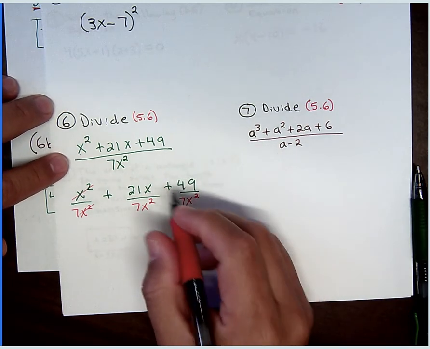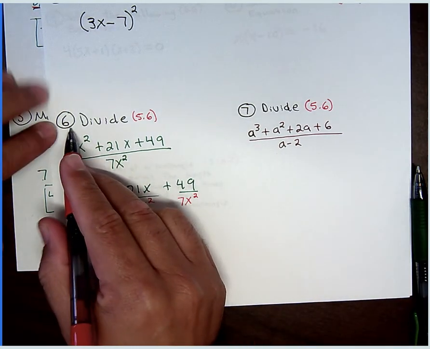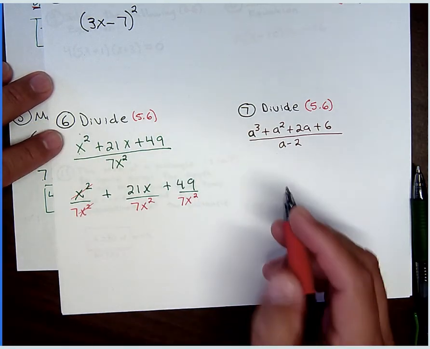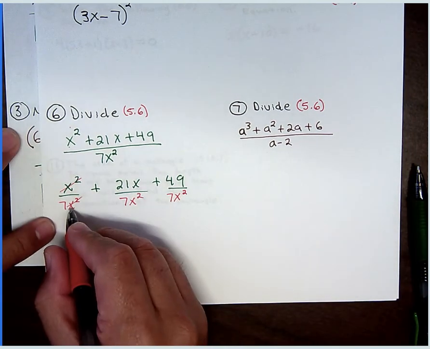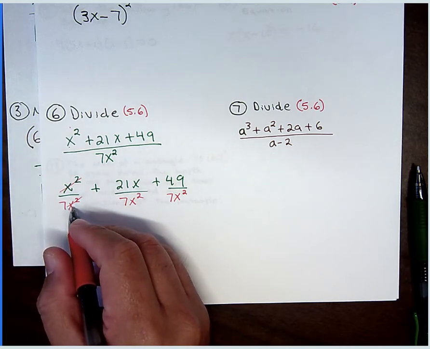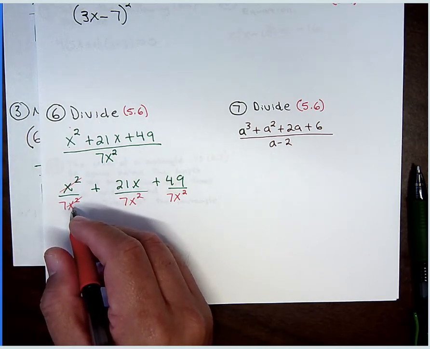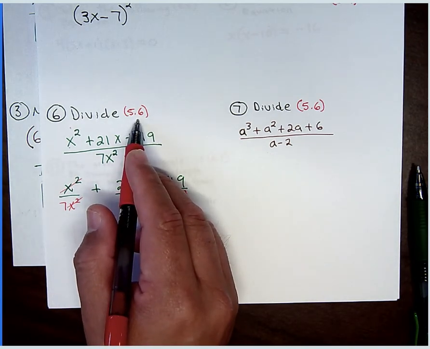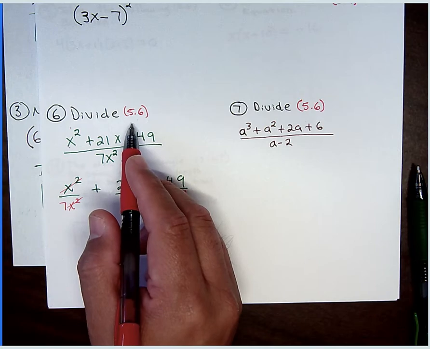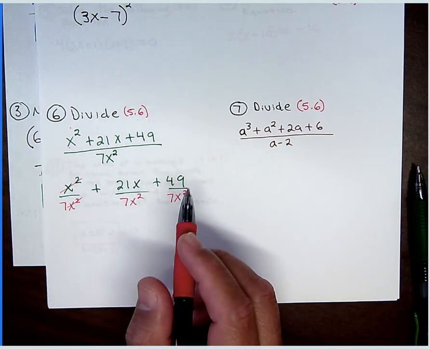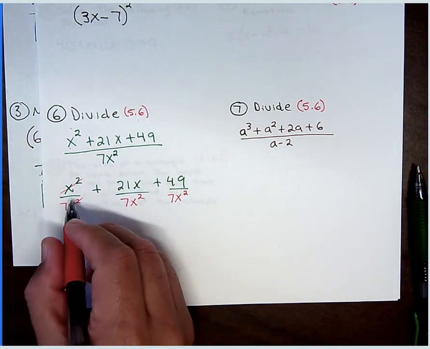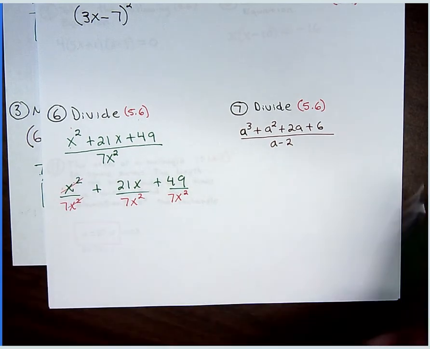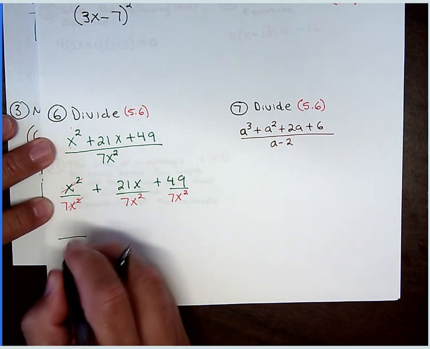But I left off in question 6, so this would be a second video. For this one, which is section 5.6, when you cancel this, you have a 1 at the top, so it has a 7 here.